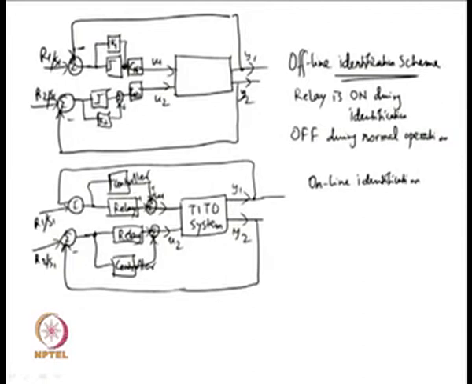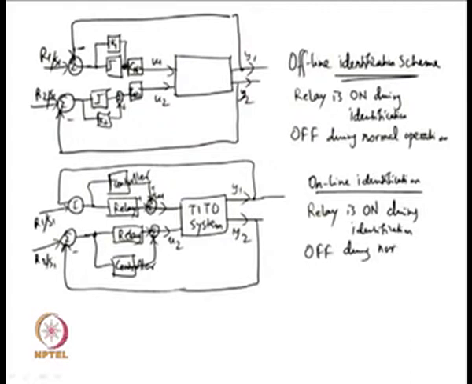In the online identification, the relay will be on during identification and off during normal operation. Now, when the relay is off during normal operation, what happens?